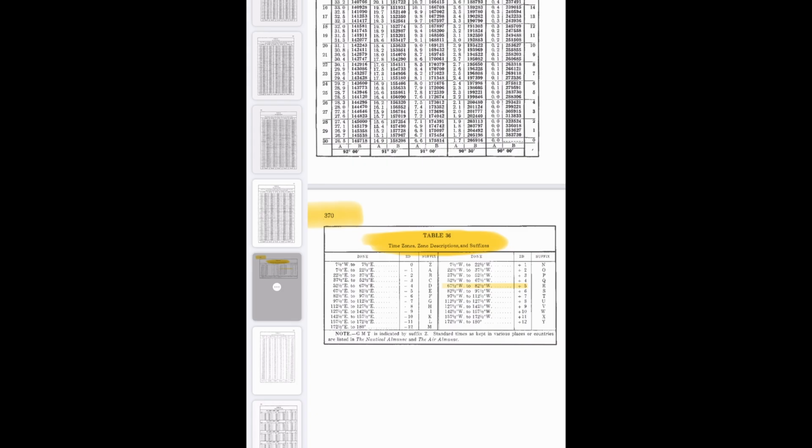These are the zone descriptions, the time zones. I'm going to take my longitude of 76 degrees, 7 minutes west, and find out where that falls in. You can see it falls in between 67 and a half and 82 and a half. That is going to give me a zone description of +5. Easy peasy.